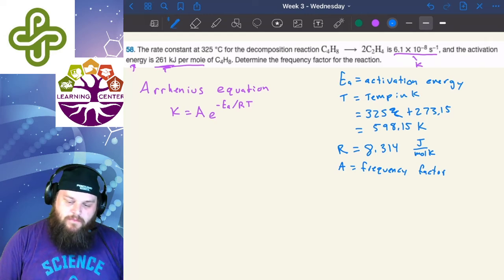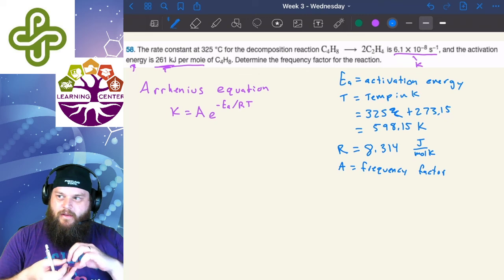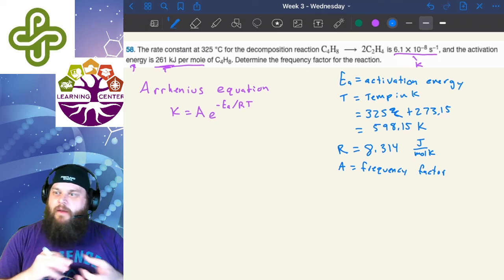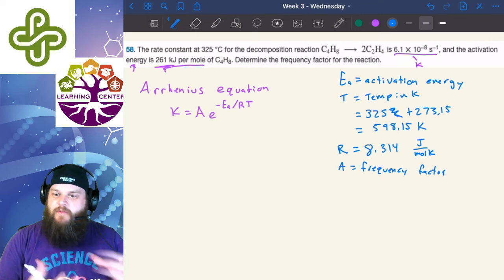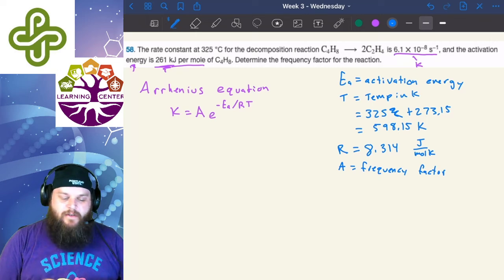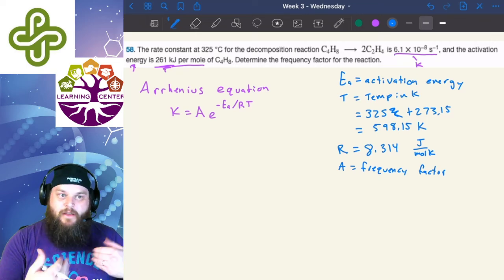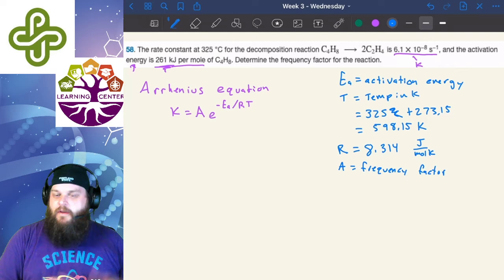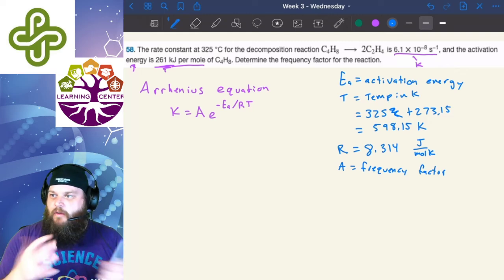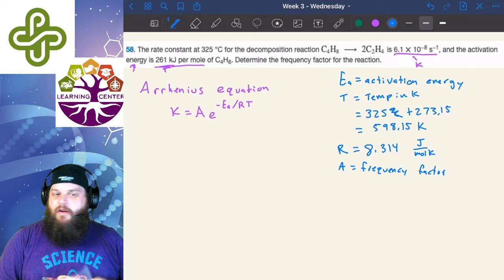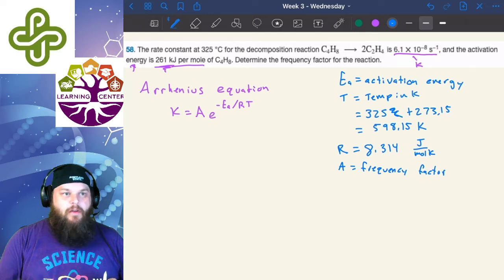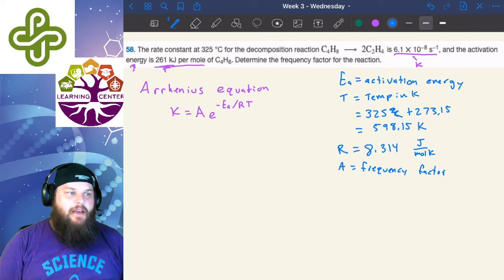It also has to determine whether or not they're rotated in the right way, which will allow a reaction to happen. Some reactions have to happen from certain directions. So if they're not rotated in the right way, it's going to bounce off. So the more picky reactions or molecules are going to have a smaller frequency factor, essentially, because they're not going to line up correctly to have that reaction happen.